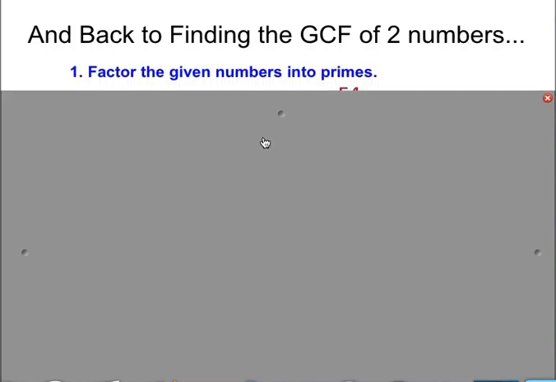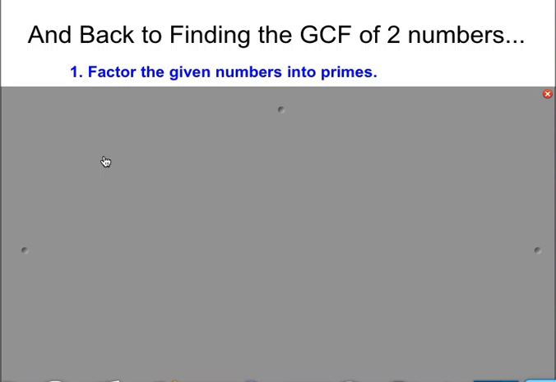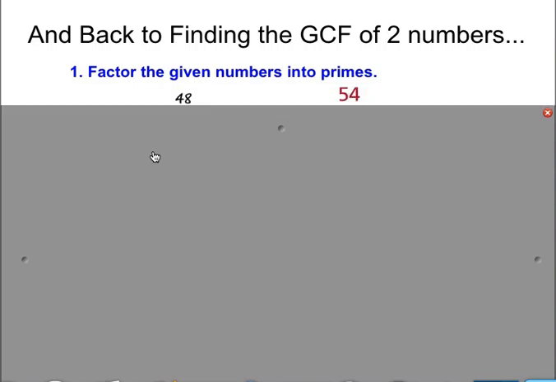And now we're back to finding the greatest common factor of two numbers. First, you want to factor the given numbers into primes. Let's say that you are given 48 and 54. Take a minute and in your notes break down 48 and 54 into their prime numbers.